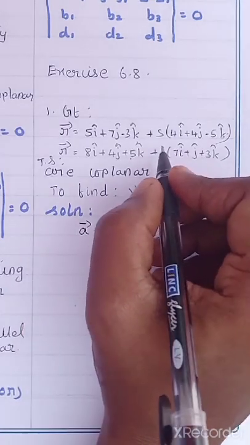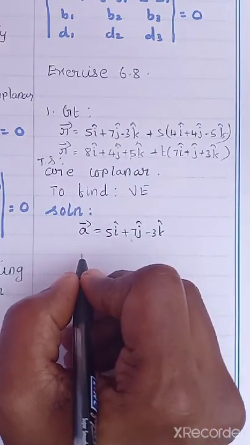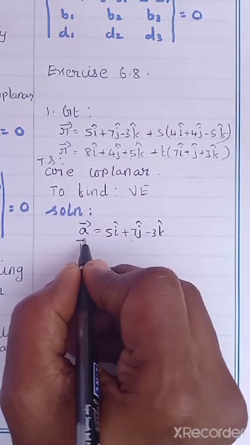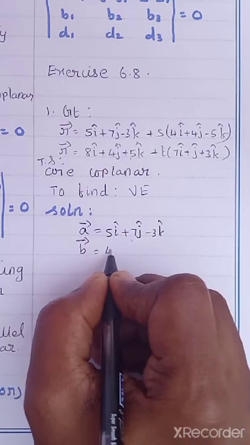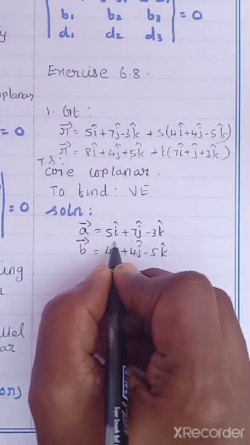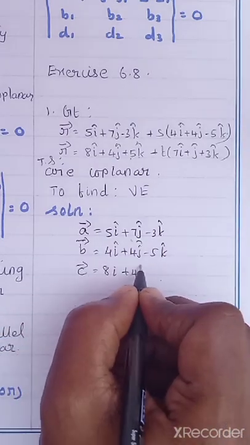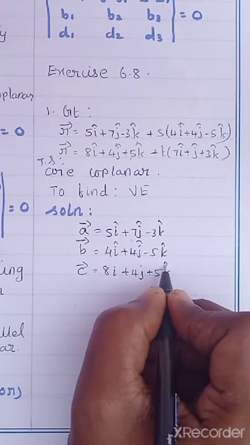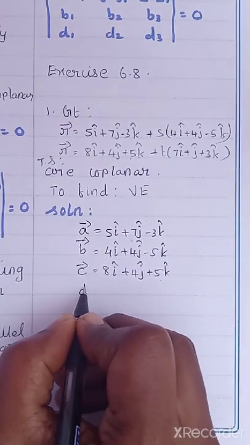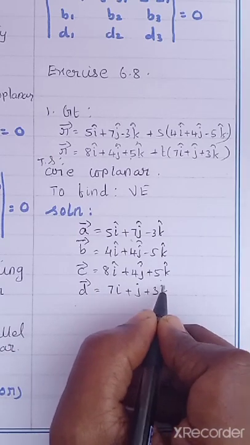This is your A. This is your B, C, D. B is a vector actually. So we can take B vector equal to 4i plus 4j minus 5k. Next, C vector equal to 8i plus 4j plus 5k. And D vector equal to 7i plus j plus 3k.